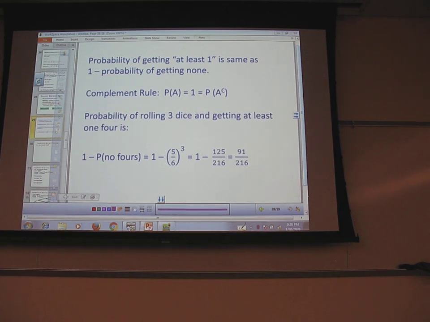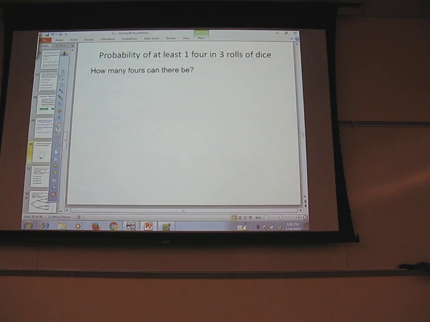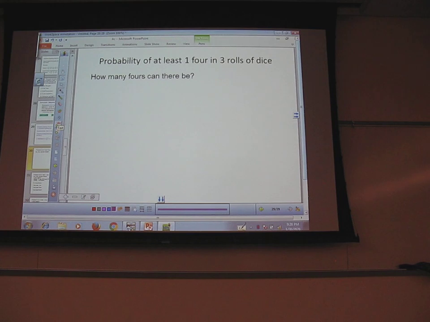Let's take a step back real quick. I'm talking about I want at least 1 4 in 3 rolls of dice. How many ways can I get at least 1 4? I'm rolling it 3 times. I need at least 1 4.